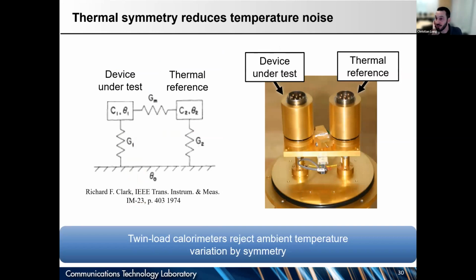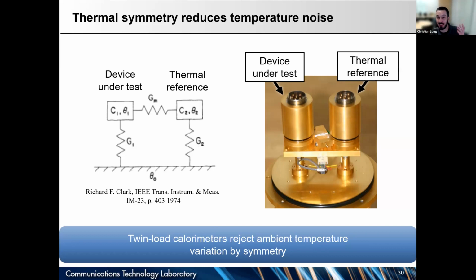So for something like a milliwatt or 10 milliwatts of power, the whole body of the power sensor doesn't actually get that warm. It might go up by about 1 degree C. So getting rid of environmental temperature variations is pretty important.